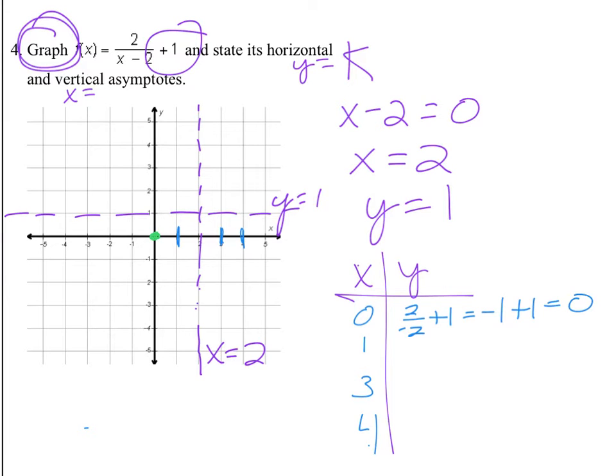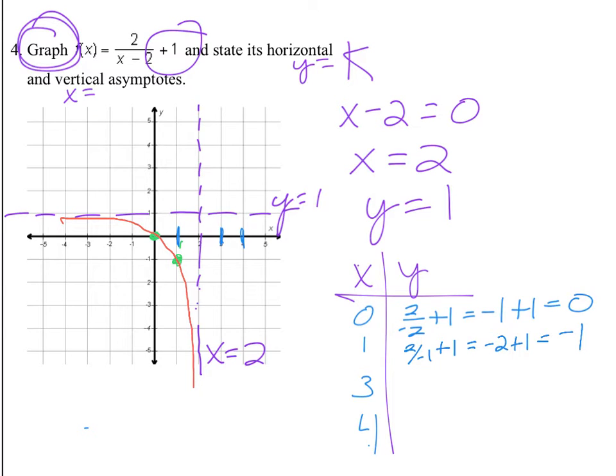Now, if I plug in a 1, I get 2 over 1 minus 2 is a negative 1. So that gives me negative 2 plus 1, or negative 1. So 1 gives me negative 1. All right, I can see my line. It comes right along the asymptote. It arches out, catches these 2 points, and goes back down the other side.